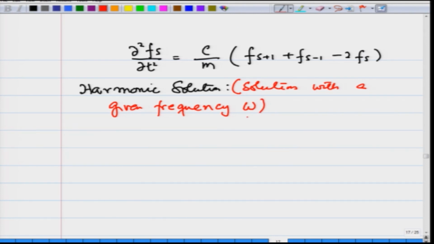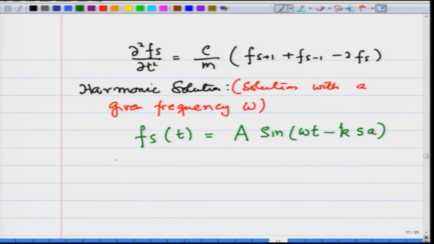Then the solution f_s(t), this is at the sth site, should be some amplitude, right, some amplitude, let us call it A, sine of omega t minus k, and instead of x now I have to put that discrete variable s times a, right.